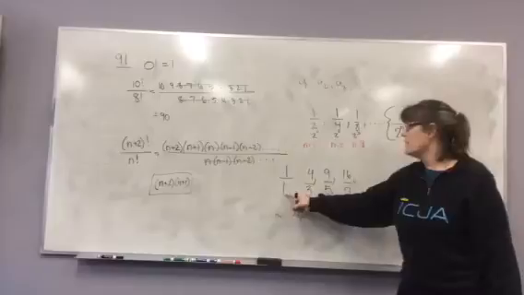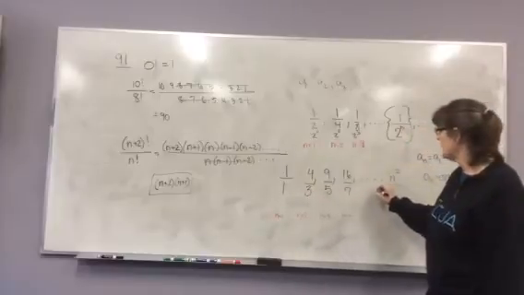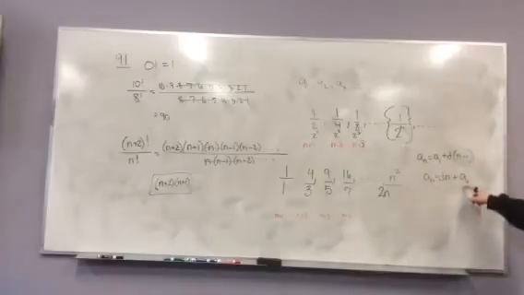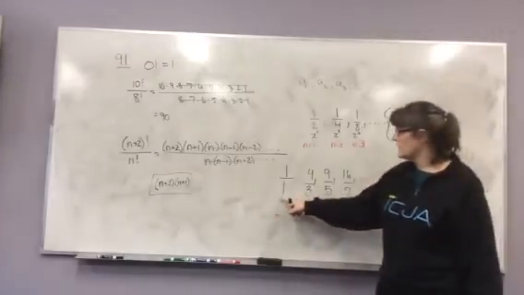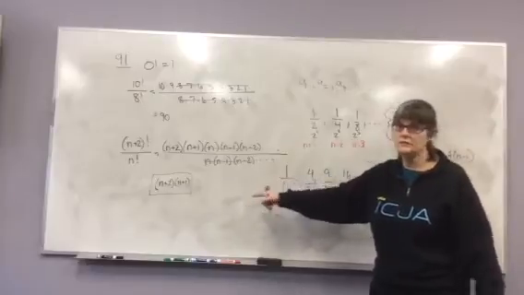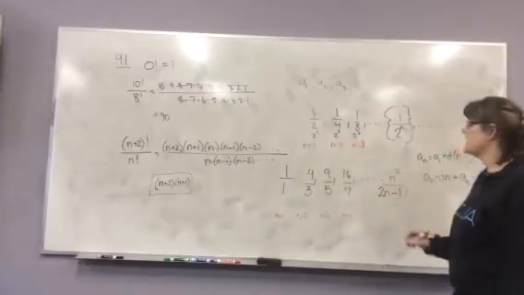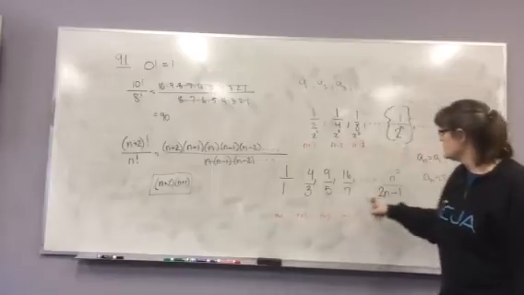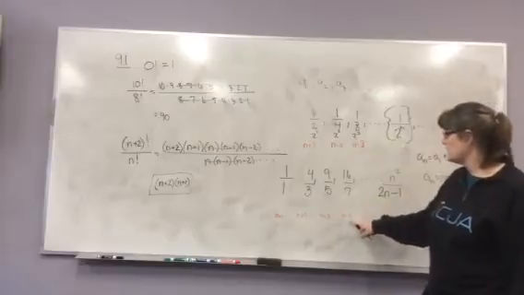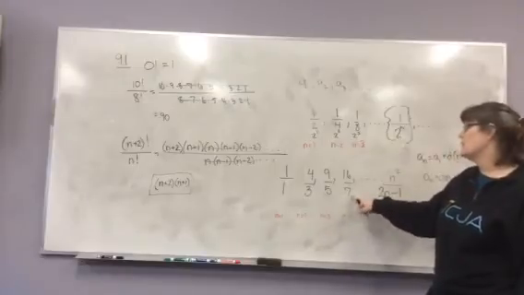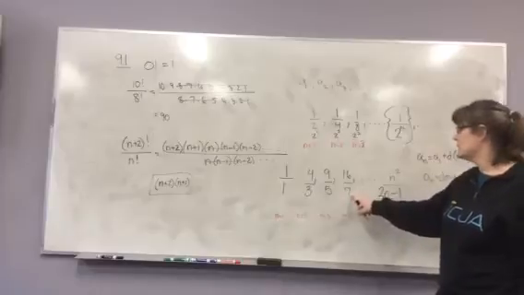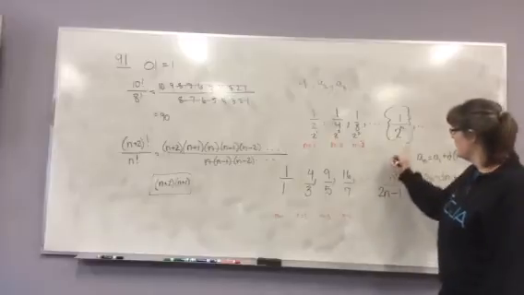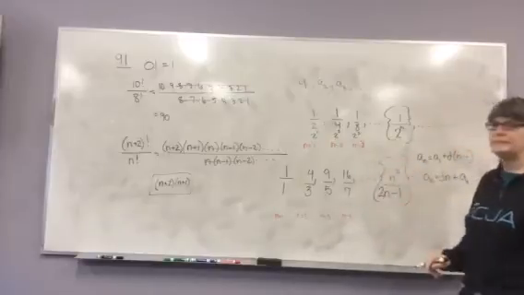So once I figure out what my constant rate of change is, I know that's going to be 2 times n. Now I have to figure out what was a sub 0. You could think of it, well, what would have come before 1? Well, if I'm adding 2 every time, negative 1 would have come first. You could also think of it, just once you know that it's 2 times n, we'll plug it in. 2 times 4 is 8, but I wanted 7, so I need to subtract 1. Check it. 2 times 3 is 6, minus 1 is 5. It does work. Therefore, I have my nth term.